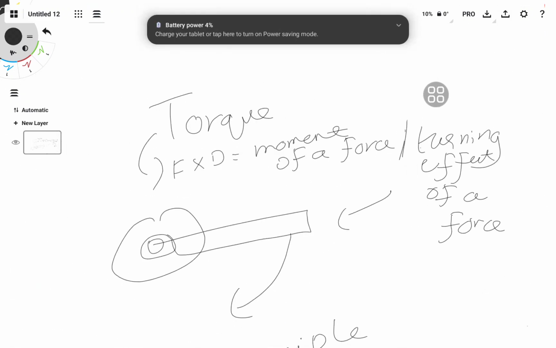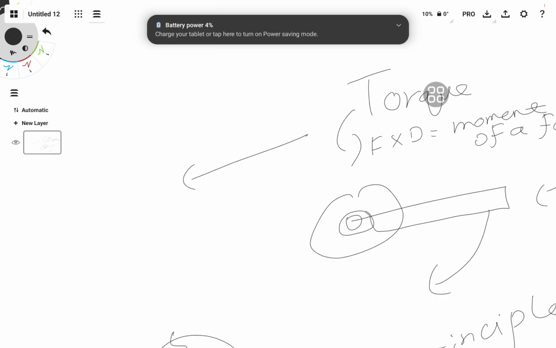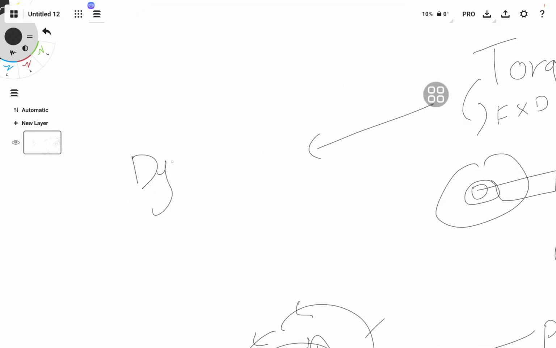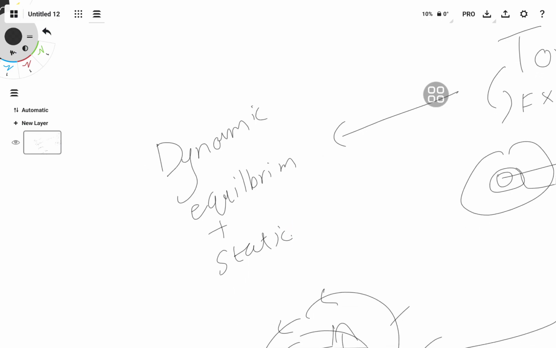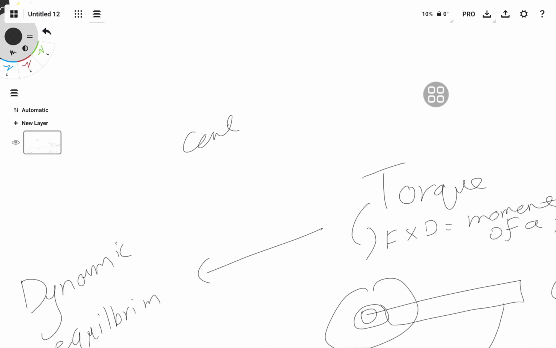We have dynamic equilibrium and static equilibrium. Dynamic is basically uniform motion, a body staying in its uniform motion with zero resultant force, and static is a state of rest. And center of gravity is basically where all of the gravity seems to act on our body.